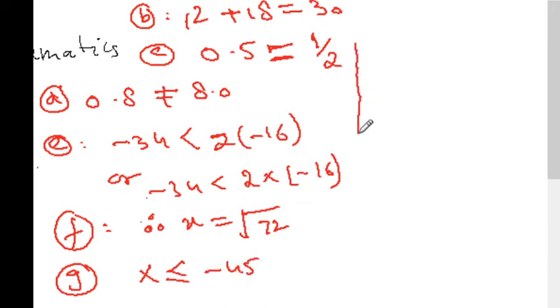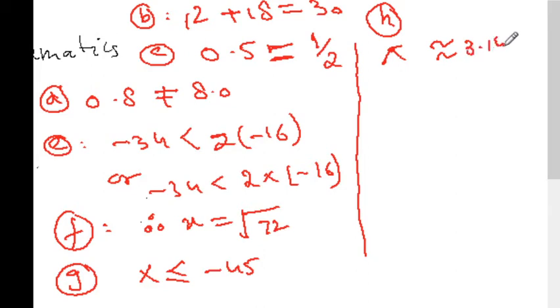Then part H is pi is approximately equal to 3.14. And then part I is 5.1 is greater than 5.01.